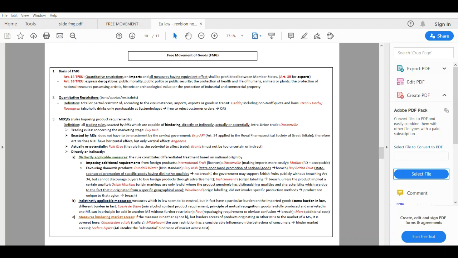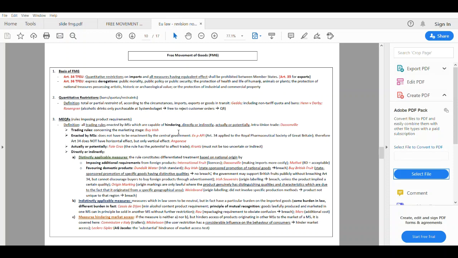For this, we need to consider another case, which is R v Henn and Darby. In that case, a ban on pornographic material imported into the United Kingdom was imposed. The Court of Justice held that this kind of measure is clearly a quantitative restriction.